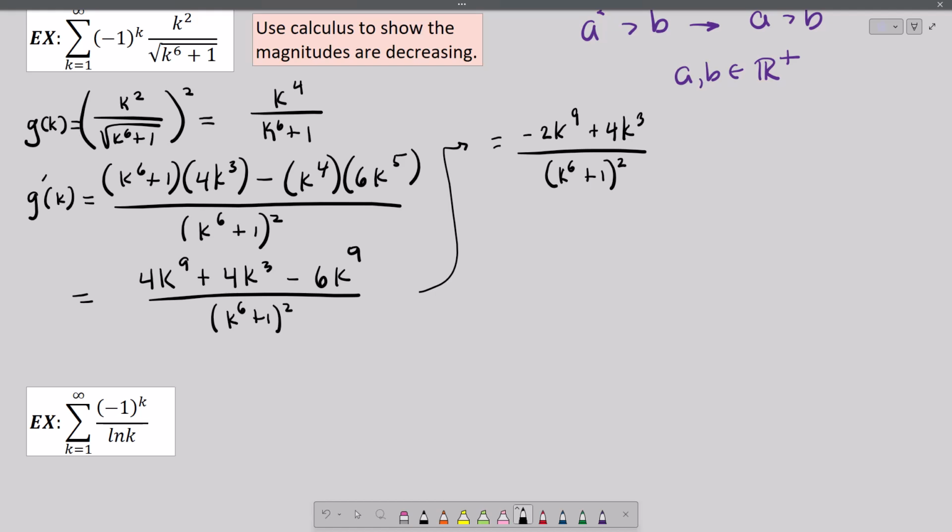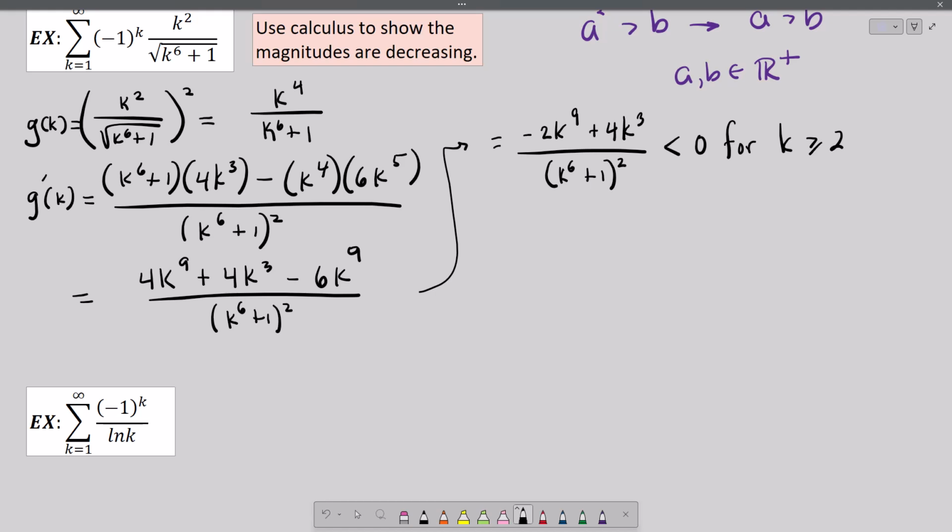But if you plug in k equals 2 and beyond, it is true. It's not true for every k, but it's true for all k beyond a finite number of k. So it's eventually true. So this is less than 0 for k greater than or equal to 2.